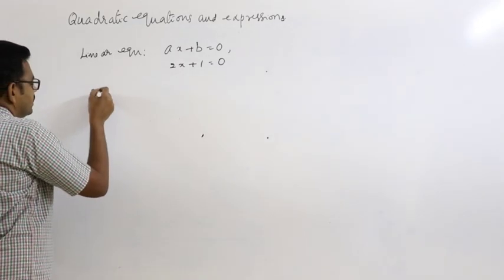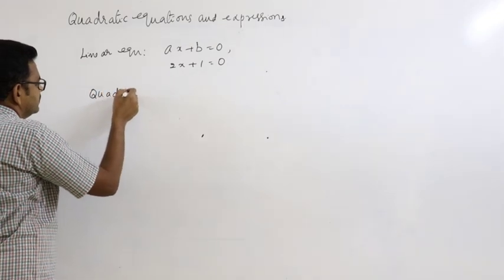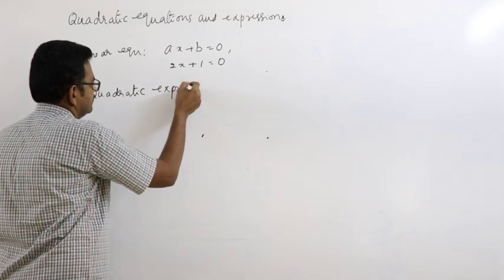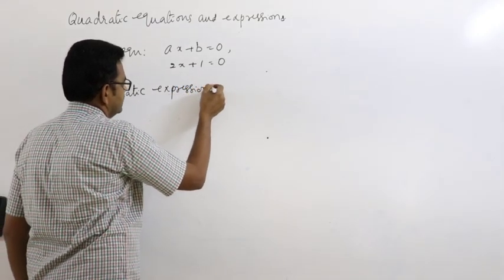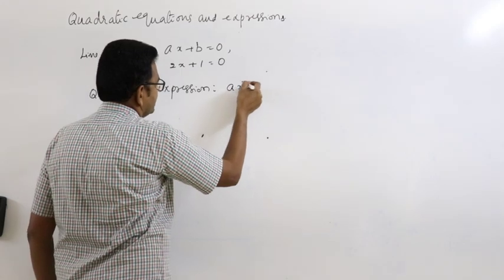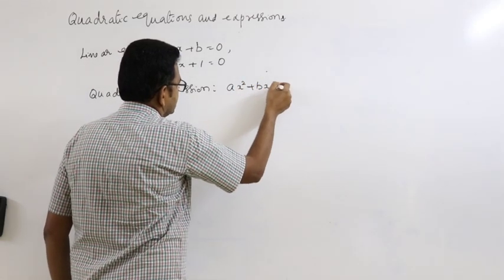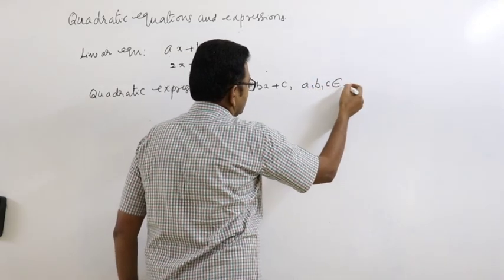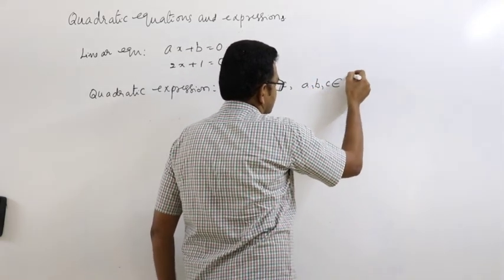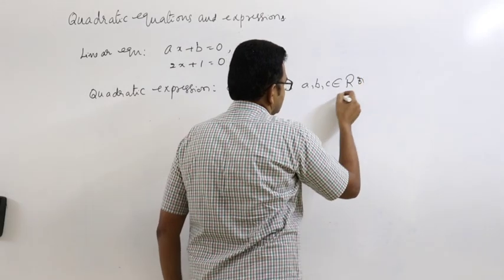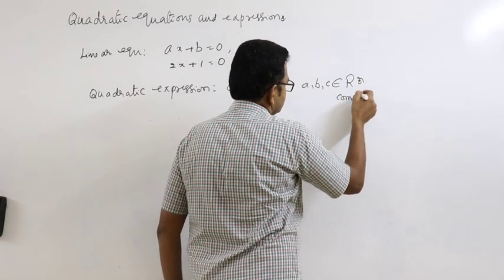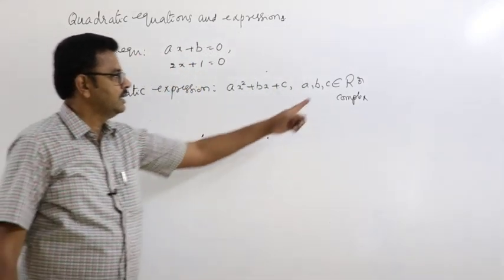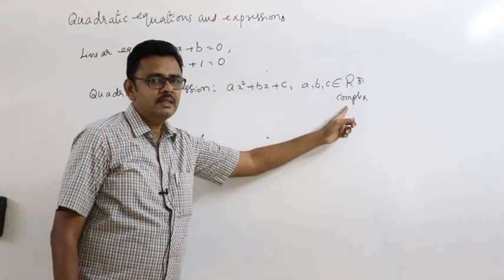Next, quadratic expression. It is of the form ax square plus bx plus c, where a, b, c belong to R, real numbers or complex numbers.